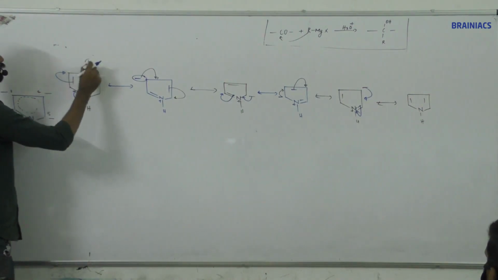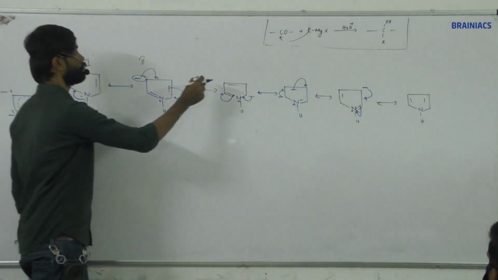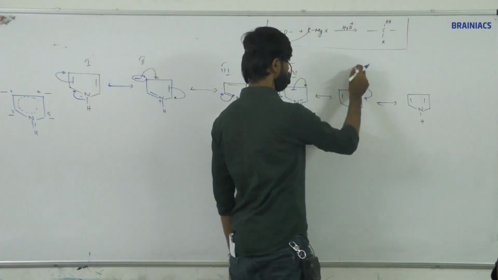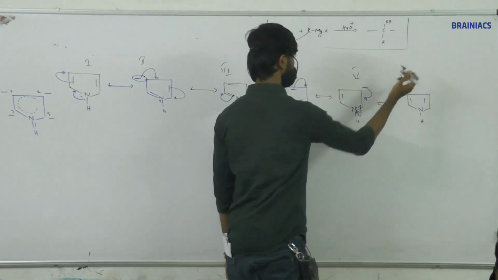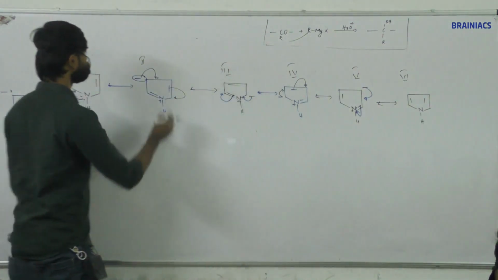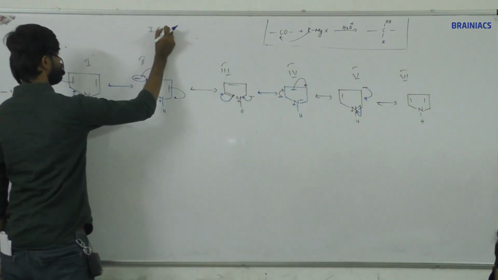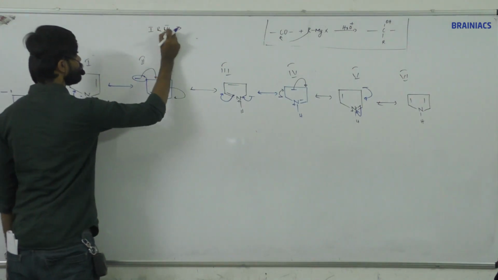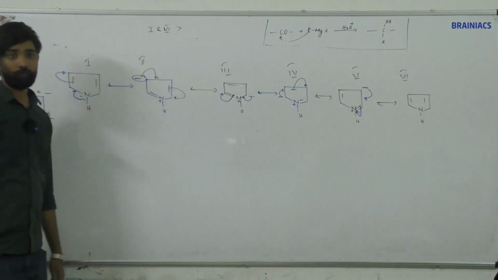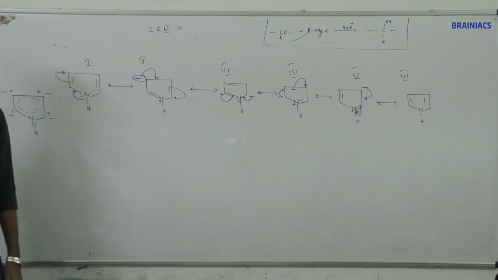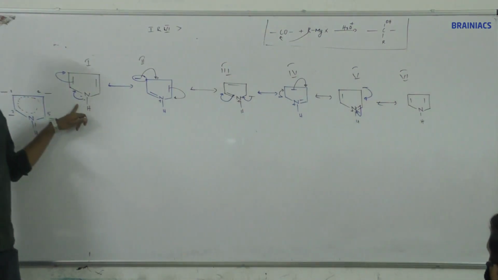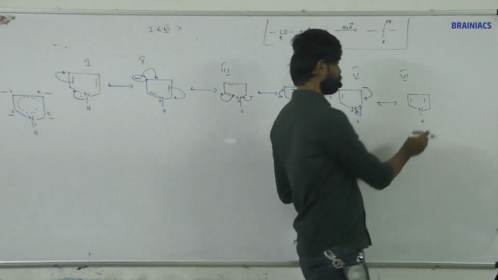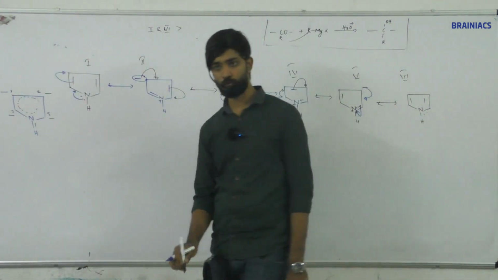Let it be 1, 2, 3, 4, 5, 6. Which one is the most stable structure? 1 and 6 are identical, right? Yes or no? So this is most stable. Resonance structure without charge is most stable. There is no charge. No charge. That is most stable.